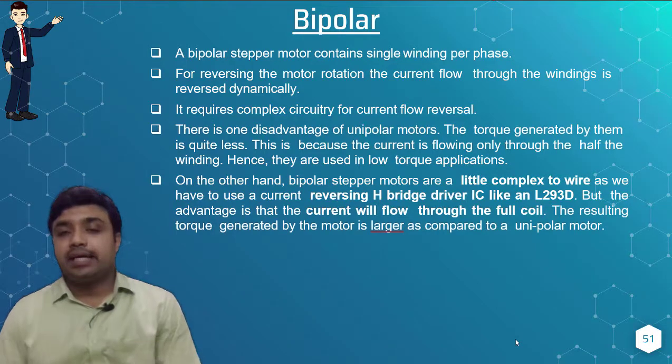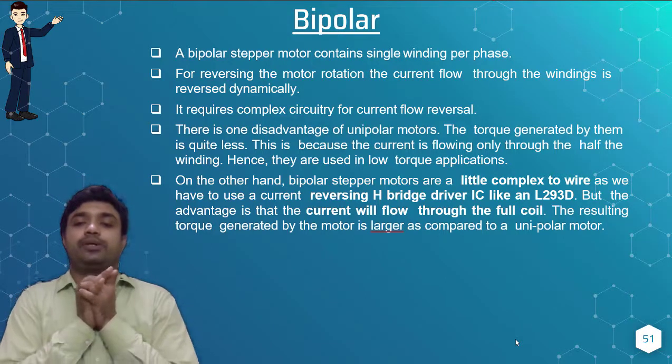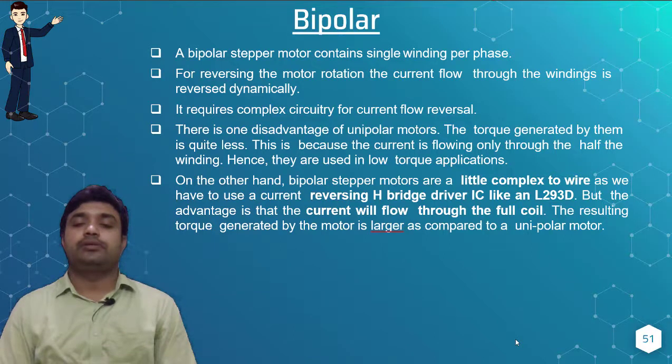Okay, on the other hand, bipolar stepper motors are a little complex to wire. Why? Because they operate in both clockwise and anti-clockwise directions, and a bipolar stepper motor is combined with a driver IC, that is the L293D IC.